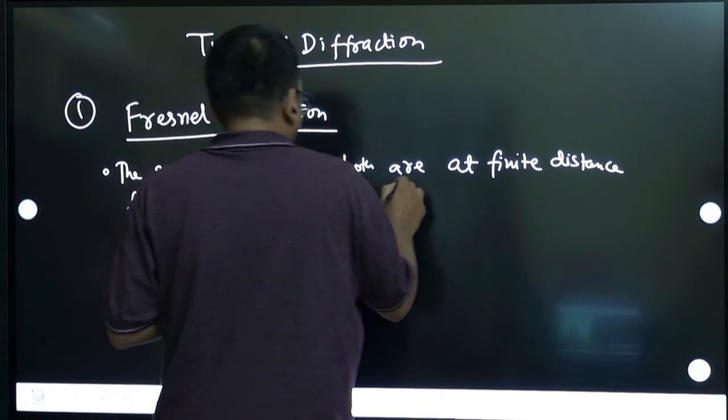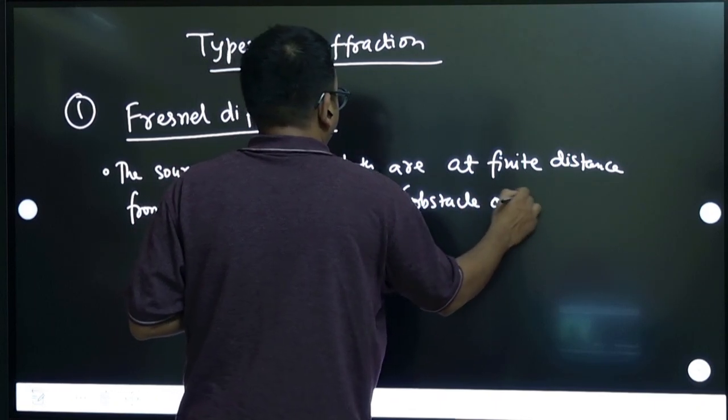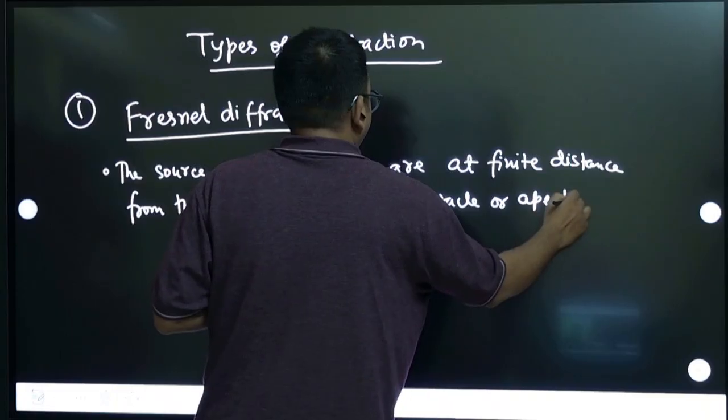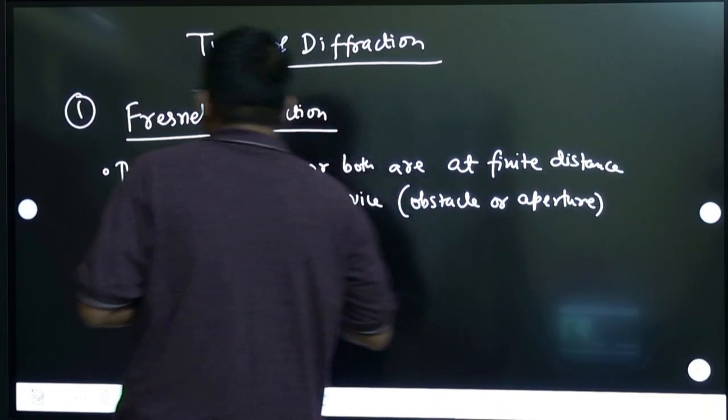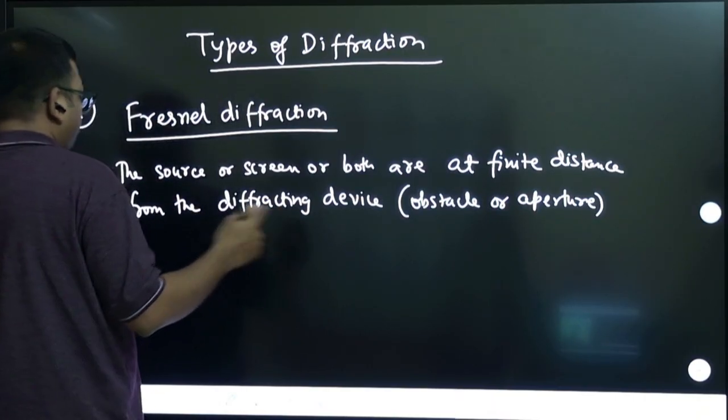That means the obstacle or aperture. That's what it is. Fresnel diffraction means the source or the screen are both at finite distance.